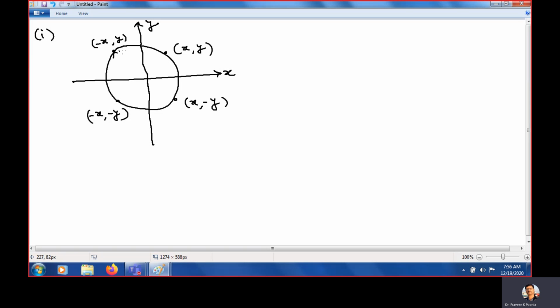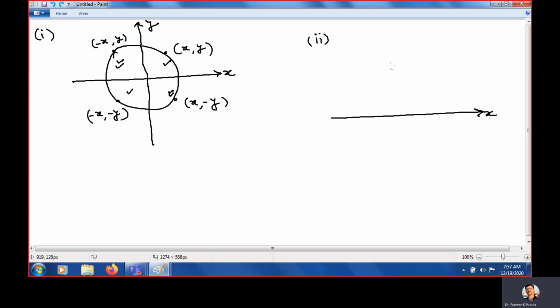Minus x changing to plus, plus changing into minus y. So all points are on the coordinate plane, the xy plane. So whatever image in the first, same it is in third. Whatever image in the second, same image in the fourth quadrant. So it is symmetrical about origin.